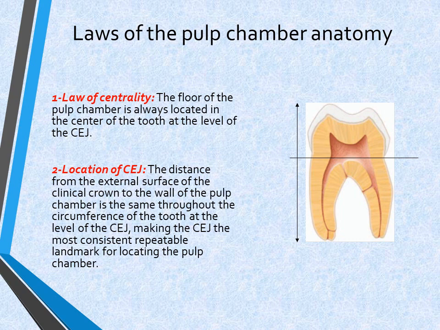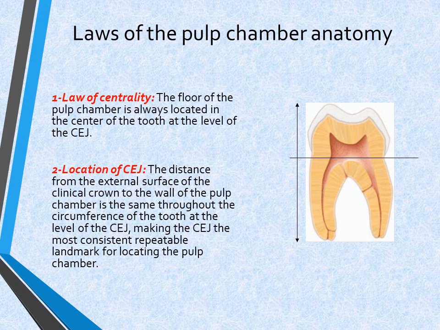Okay, so this plays an important role, especially when you have teeth which are recessed, and you can actually see the CEJ above the level of the gum. So you should not go in deeper and cause a perforation. So these kind of things have to be anticipated before you start your access opening. The second is the location of the CEJ.